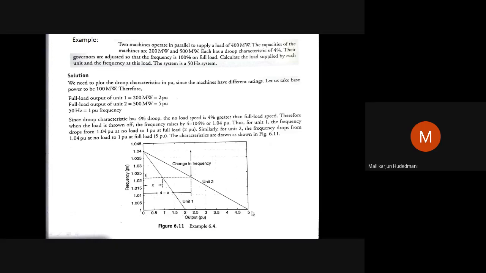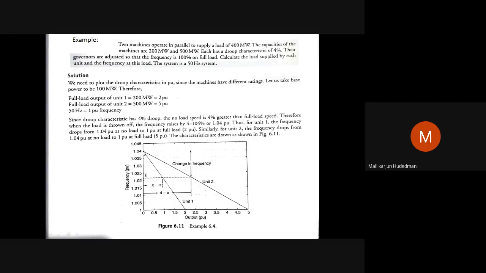I keep the frequency increment and power increment ready. Then, for the first machine, it is 200 megawatt, which means 2 PU. Observe the 2 PU mark here. You join the 2 PU mark with 1.04. It's a 4% droop characteristic. 4% means 0.04 from 1 PU, so at 1.04 you just circle a dot here.